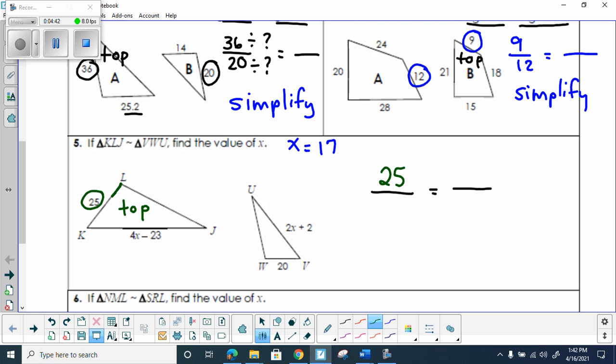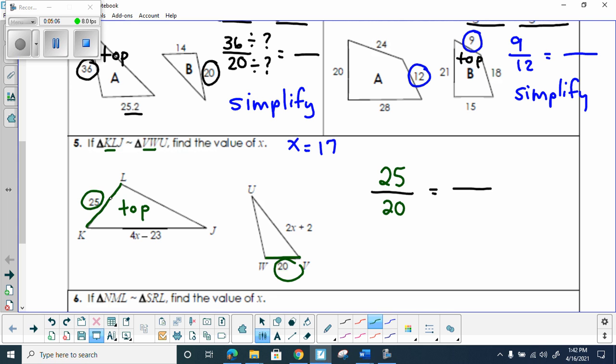So I'm going to look and see. This side is KL, the first two letters in that name. So see what the first two letters are in the other triangle. VW, that's 20. That means those two sides are corresponding.